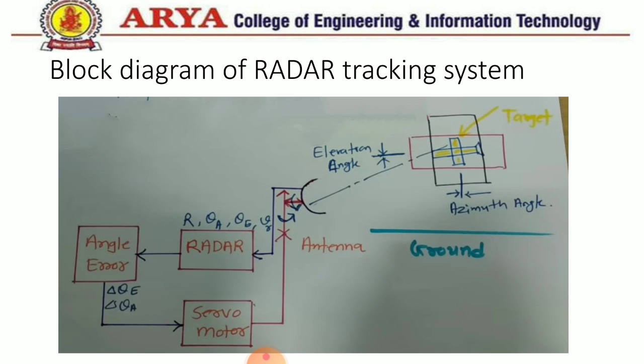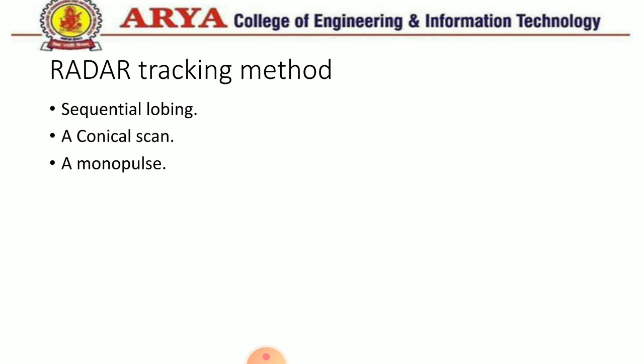Now this is the basic working and block diagram, and finally I will just mention these methods. First is sequential lobing. That is one method by which we can calibrate the direction of the object, a very popular method to calibrate direction, not exact position but direction.